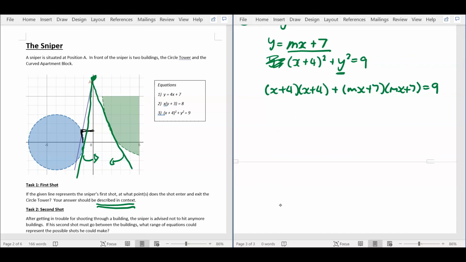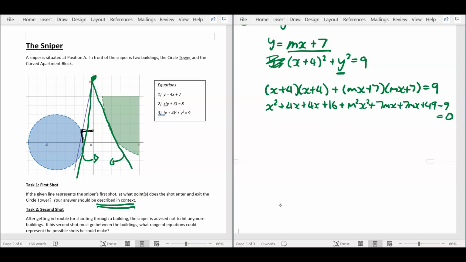We're now going to go ahead and expand. So we've got x squared plus 4x plus another 4x plus 16. And then we've got plus m squared x squared plus 7mx plus 7mx plus 49, and then minus 9. That there is equal to 0. Huge line of working, bit of a mess.